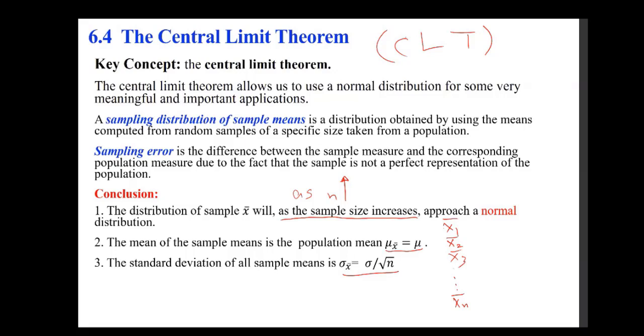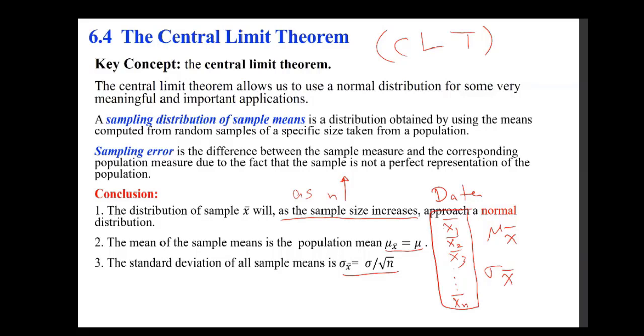Now this is our new data. For this new set of data, calculate the mean. We call it mu of x bar. Calculate the standard deviation. We call it sigma of x bar.